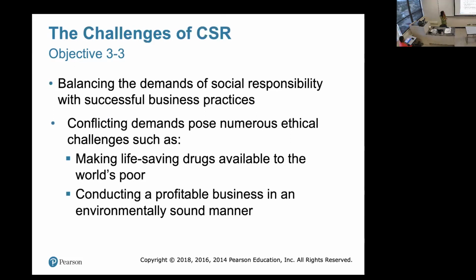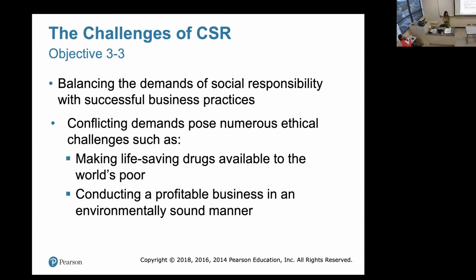Anyway, the challenge of corporate social responsibility: balancing the demands of social responsibility and continuing successful business practices. It costs money to be socially responsible sometimes. In the short term, but in the long term, if companies do it right, they will succeed and it will actually benefit them, right? But conflicting demands pose numerous ethical challenges, like making life-saving drugs available to the world's poor, for example, or conducting a profitable business in an environmentally sound manner.